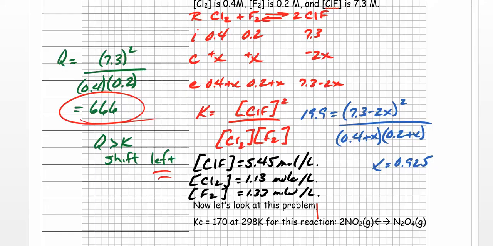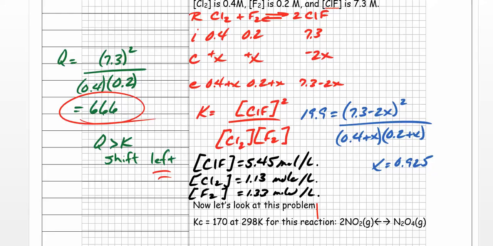There's no coefficient, so there's nothing in the power or exponent position. So now we're going to go from the expression to plugging in actual numbers. We've got 19.9 is equal to 7.3 minus 2x squared divided by 0.4 plus x, that's from here, divided by 0.2 plus x, that's from here, okay?